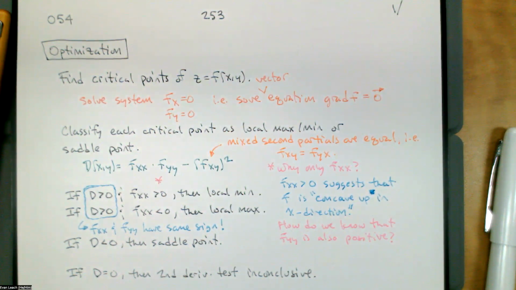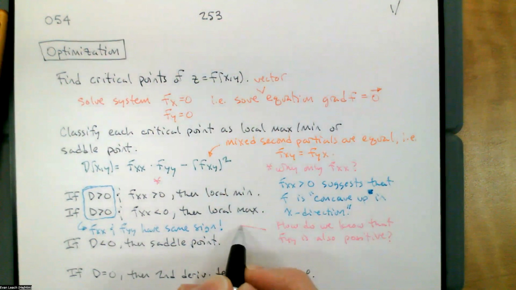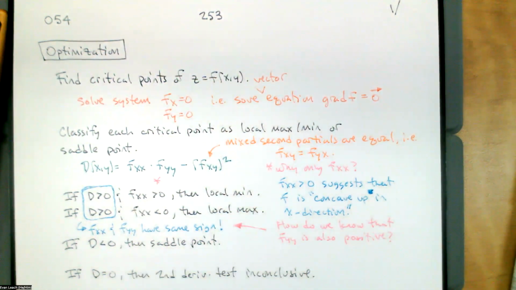So that's how we know that once fxx is positive and D is positive, that allows us to conclude fxx and fyy have the same sign, so we only need to look at one of them. We could rephrase this whole thing as D positive and fyy also positive.